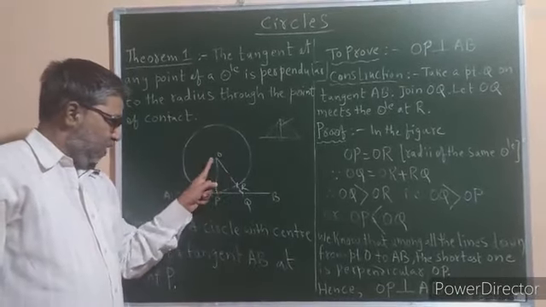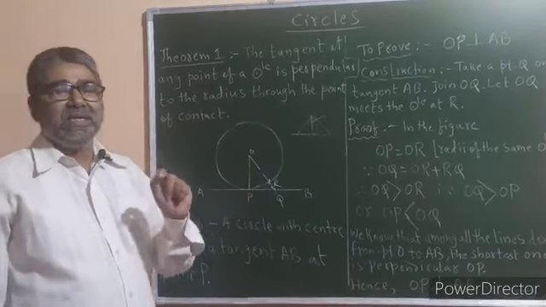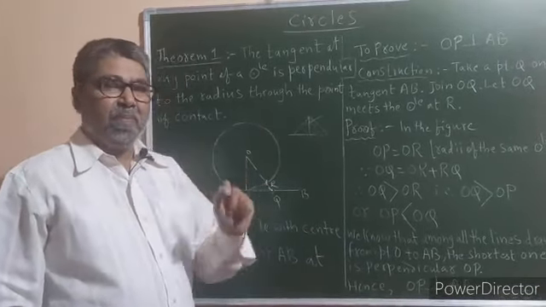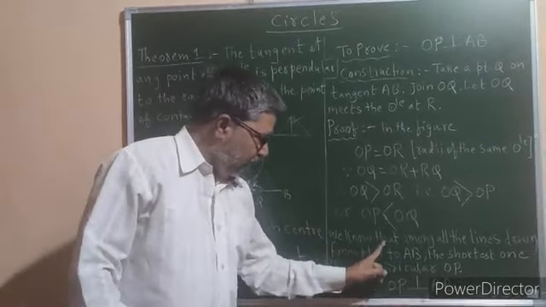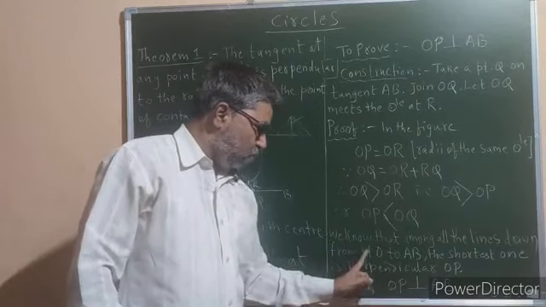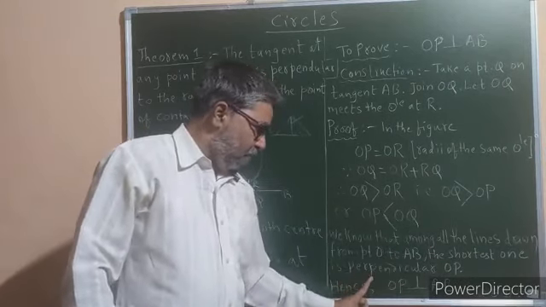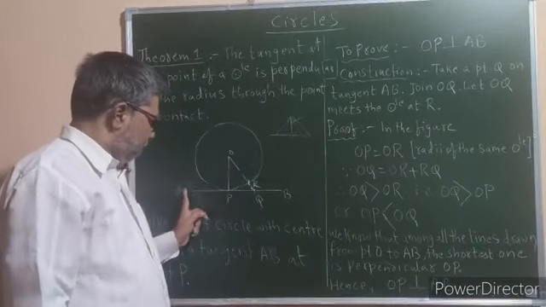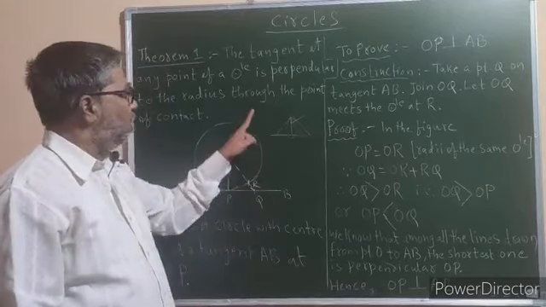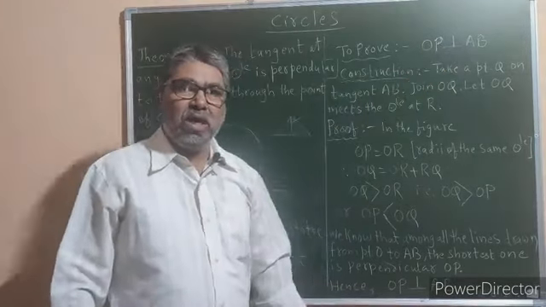Among the two, OP is the shortest one, and the shortest line segment is the perpendicular onto that straight line. Hence OP is perpendicular to AB. This is what was given to prove.